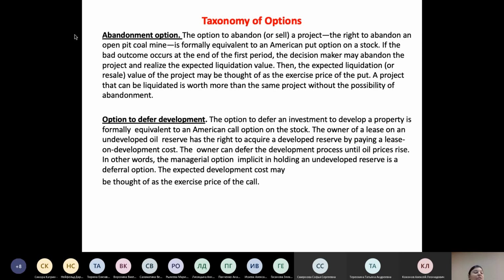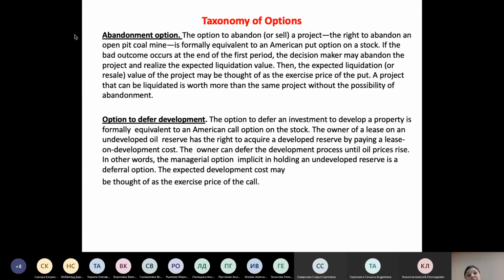The second kind of option is the option to defer developing. Perhaps this option has similar characteristics with a put option or perhaps with a call option. In most cases, an American call option on stock.